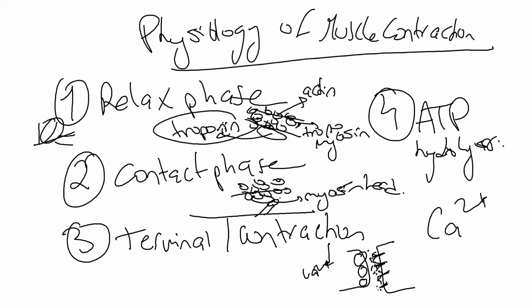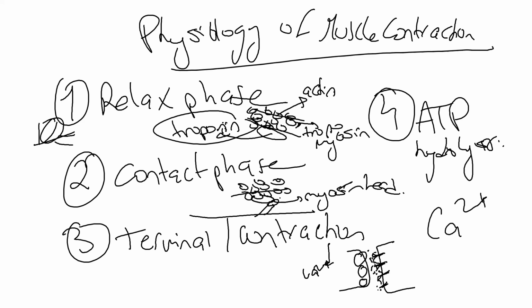When the myosin head and the troponin are in contact together, the termination of contraction will happen. So here a pulling of the actin to the M line happens, and the Z lines get closer to the M line.